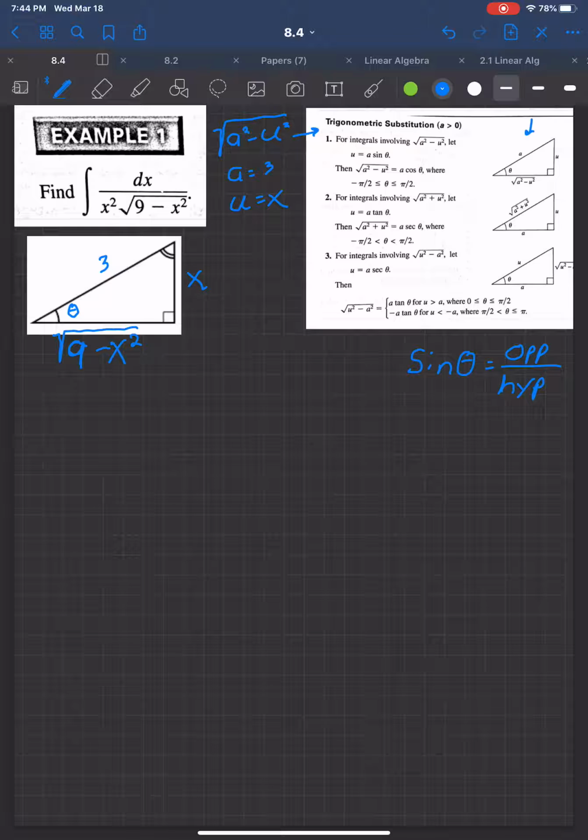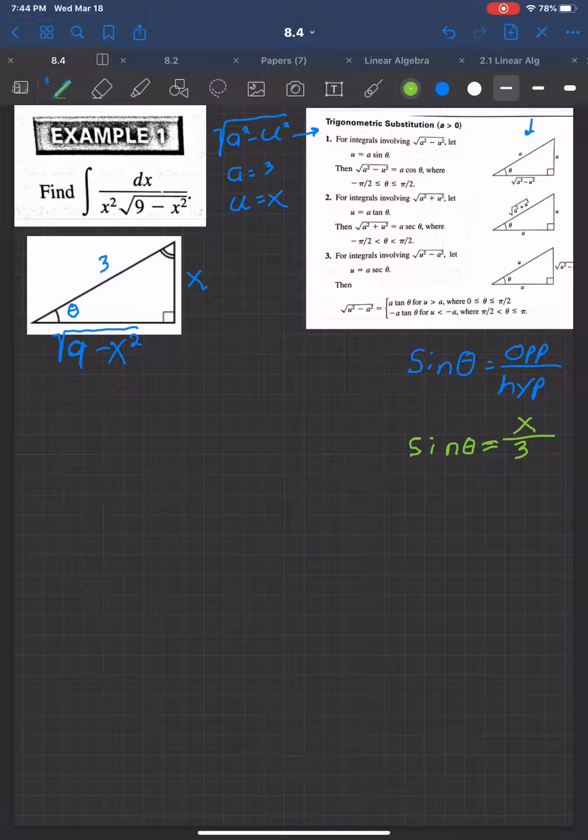At this stage, I'm moving over to where I wrote sine of theta, and this is how I suggest you do these problems. Or at least it's up to you, but this is how I think about them. Sine of theta, obviously, is the opposite side over the hypotenuse side. Here, my opposite side is x, and my hypotenuse is 3.